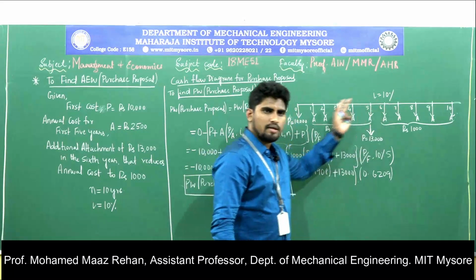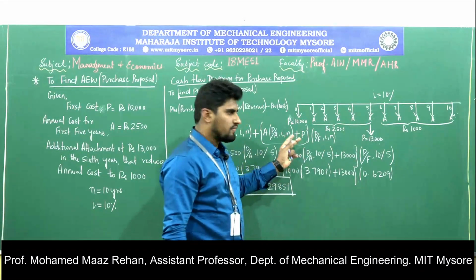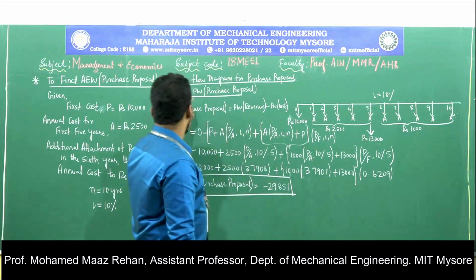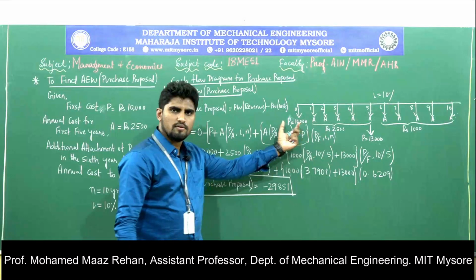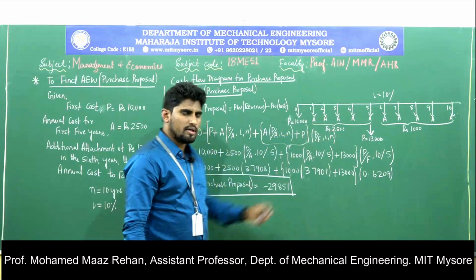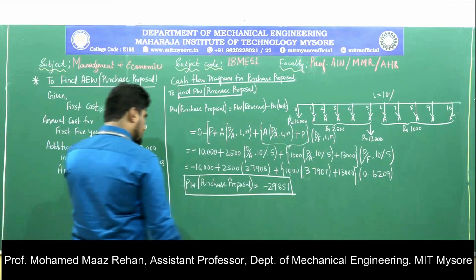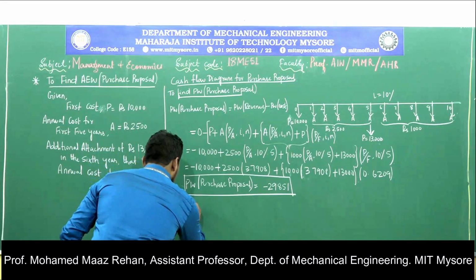What we have done, we have converted all the entities to time 0. So what we have to calculate is the annual equivalent worth. Now all the quantities are at time 0. Considering this, you need to convert to A. So how to convert this?